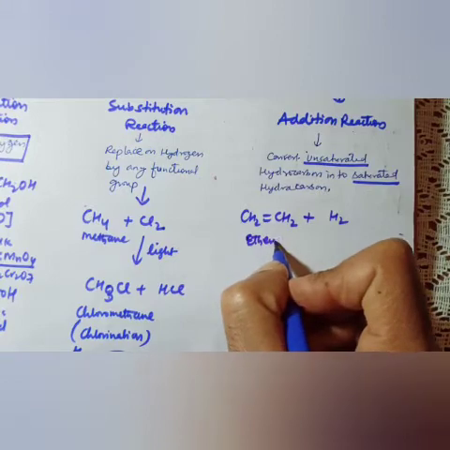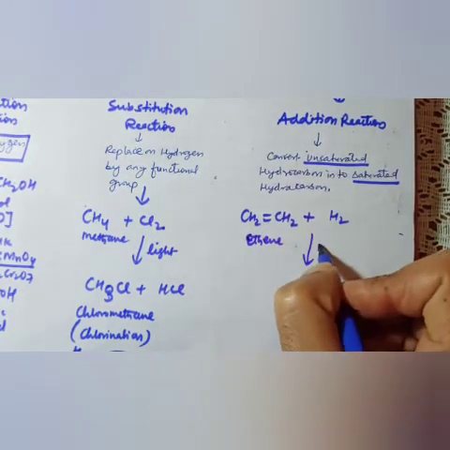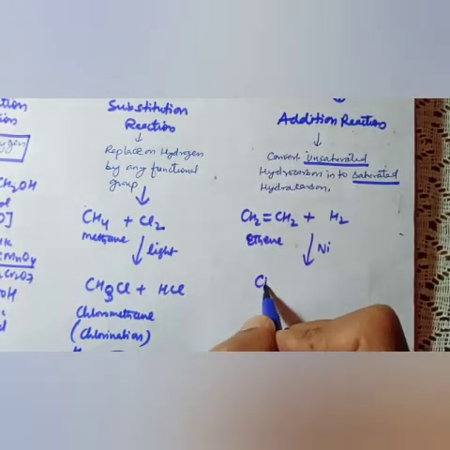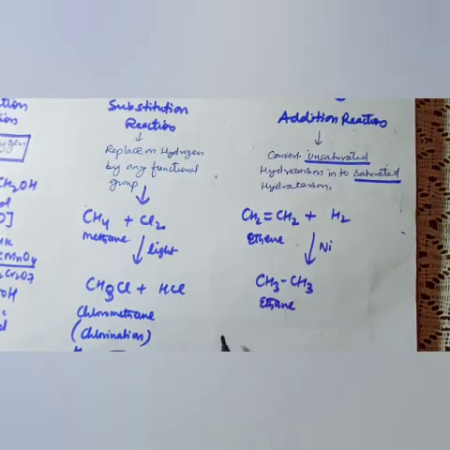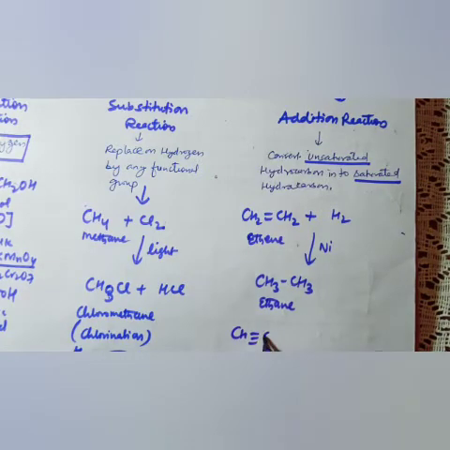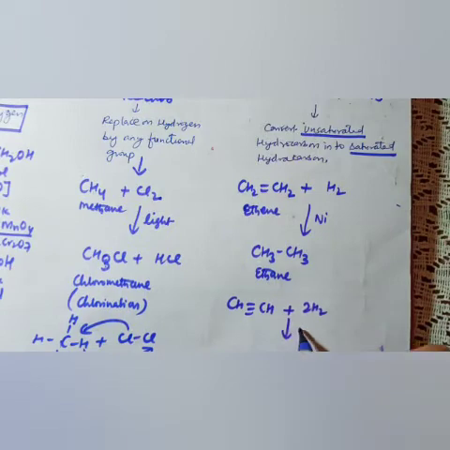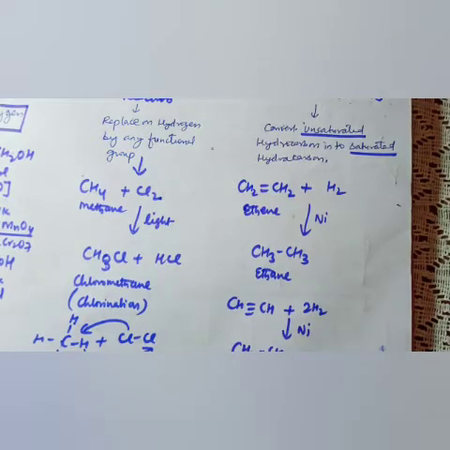Ethene will react with hydrogen, in the presence of nickel, and it will change into ethane. In a similar way, CH triple bond CH will react with 2H2, and in the presence of nickel, it will change into ethane. Okay.